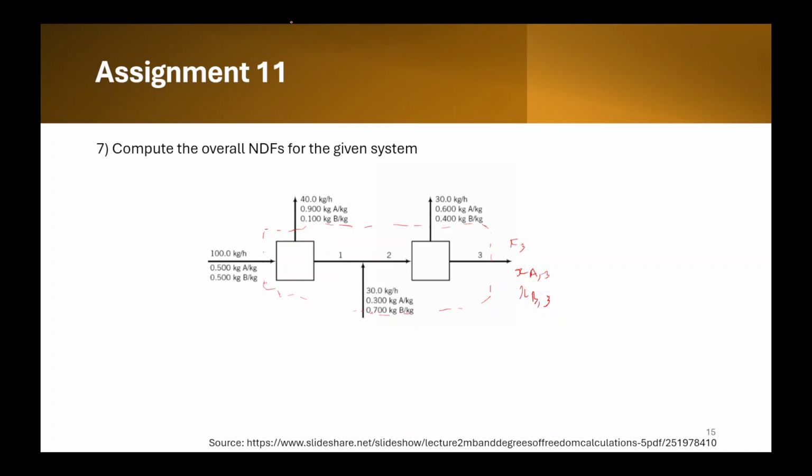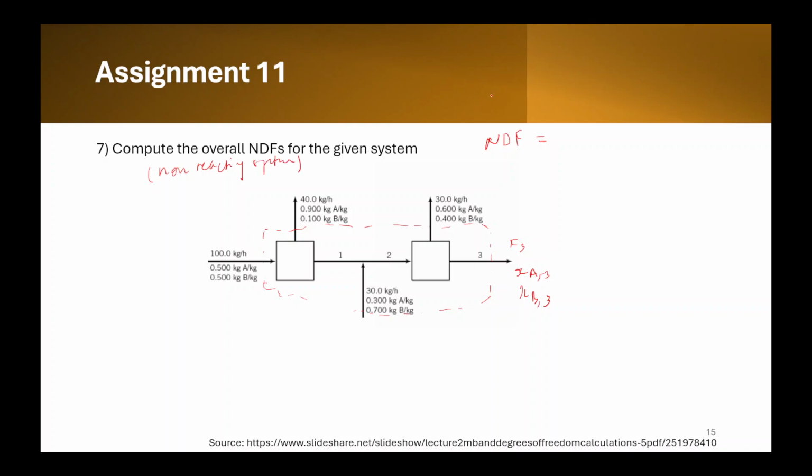You need to calculate the overall NDF, so I can write the formula here. And mind you, this is a non-reacting system. Although the information is not given here, this is a non-reacting system.